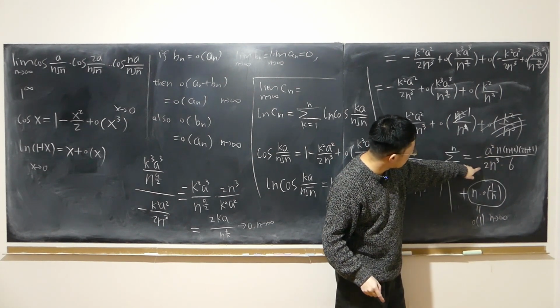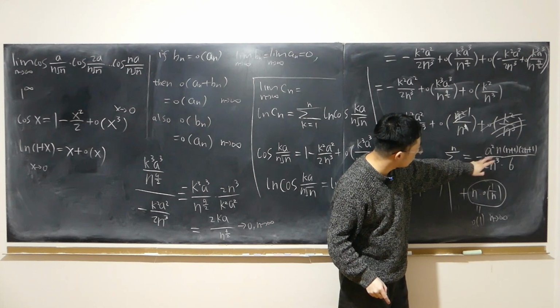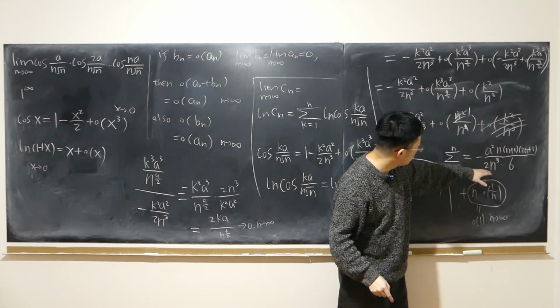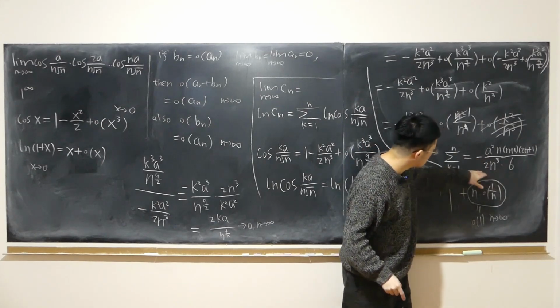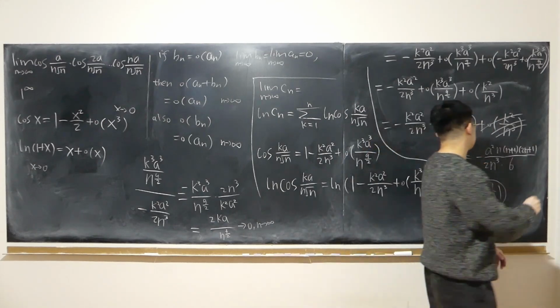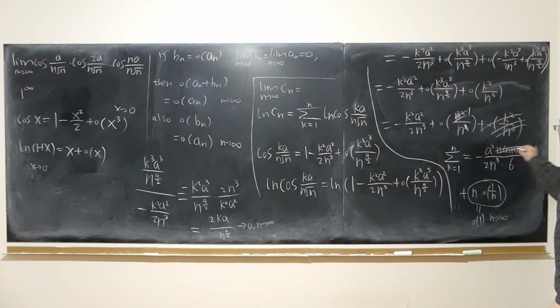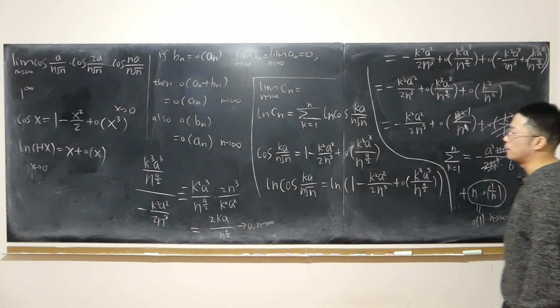Also, I have 2 times n cubed at the bottom. Don't worry about the other terms, they just cancel out to be 1. A squared stays, 6 stays, negative. So that's the only thing that's remaining.